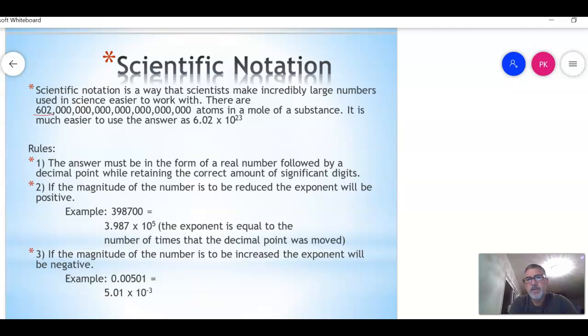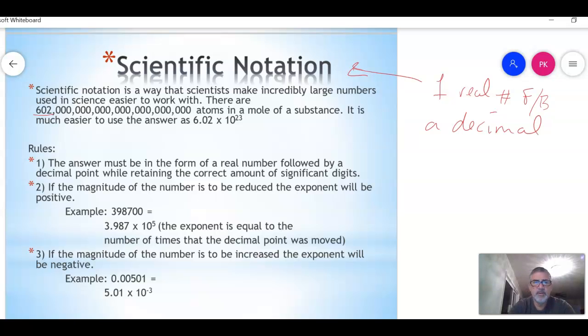So scientific notation is always one real number followed by a decimal, right? That's scientific notation.